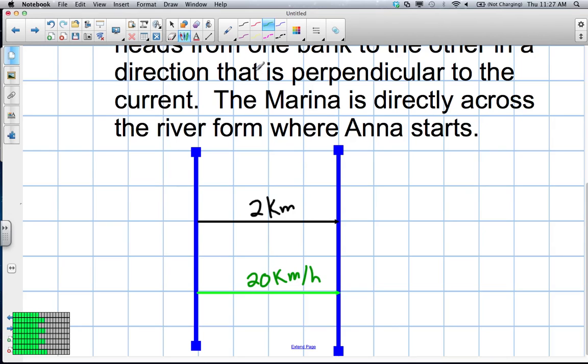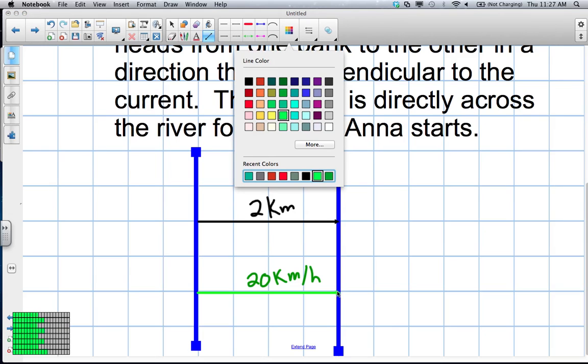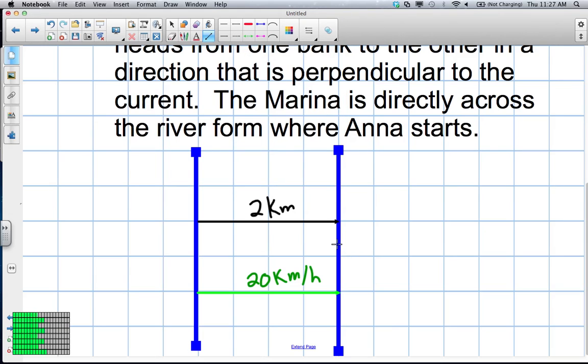Next part, how fast is the current? Okay, so the current is 6. And the current is heading what direction? Downstream, we'll say. Okay, so the current is heading this direction at 6 kilometers an hour.